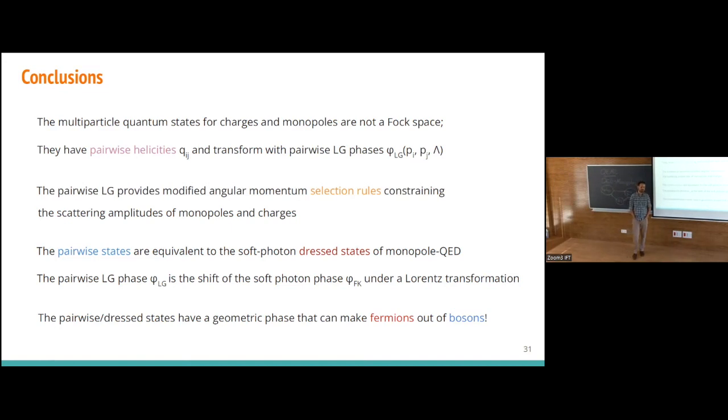Can you have interesting effects in non-relativistic processes, if this particle and the monopole go very slowly? I was just thinking that the electrodynamics that we see in the non-relativistic limit is very much affected by the fact that we don't have magnetic charges.